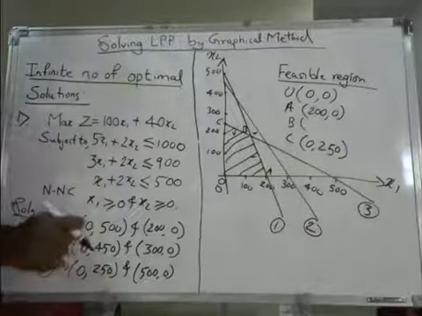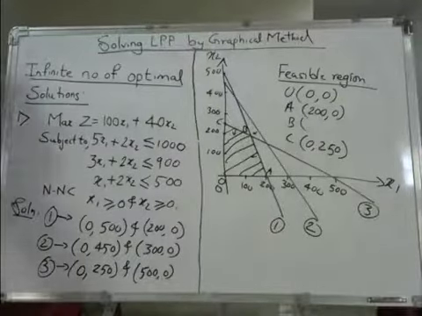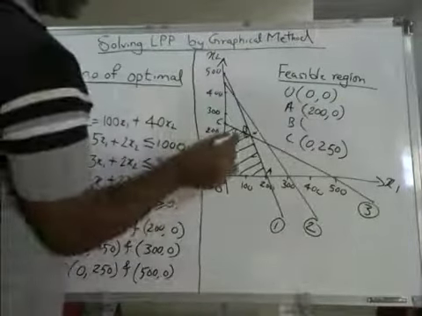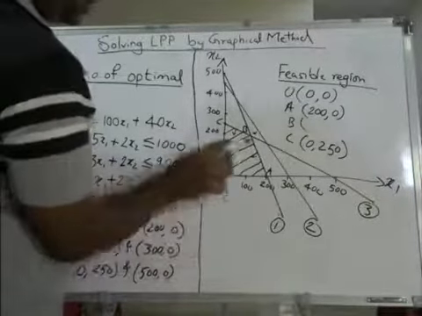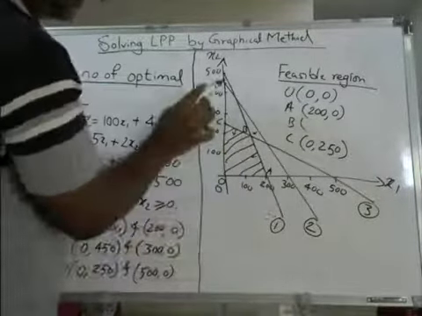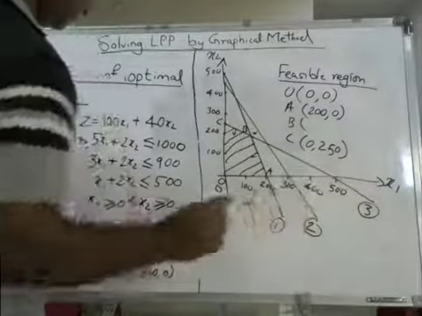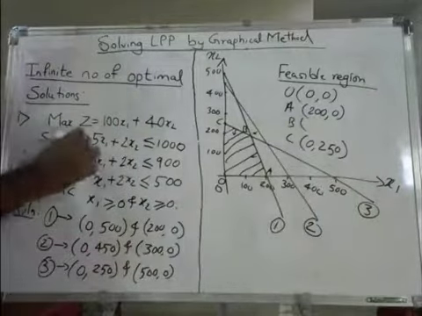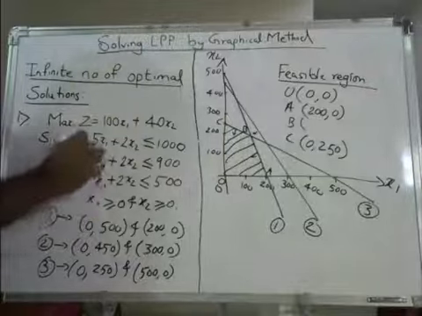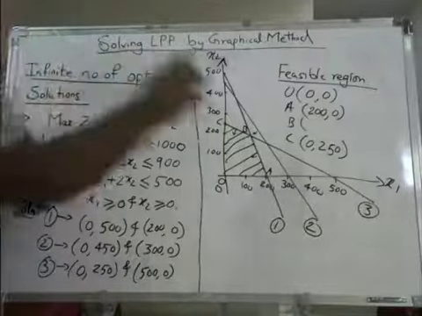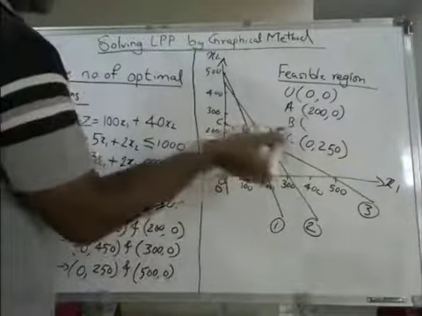In such a case, when we are solving for B, we need to see that B is the intersection of equation number 1, this line, and this line, which is equation number 3. So we are interested in equation number 1 and 3. Now we need to solve these two equations to get these coordinates. Either way we can draw a dotted line and get the coordinates.